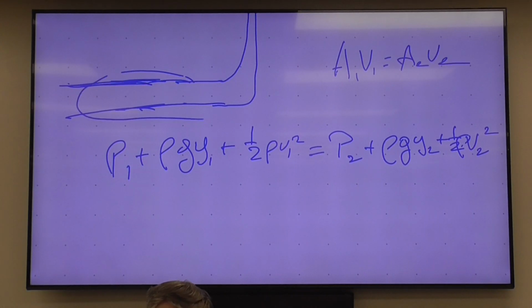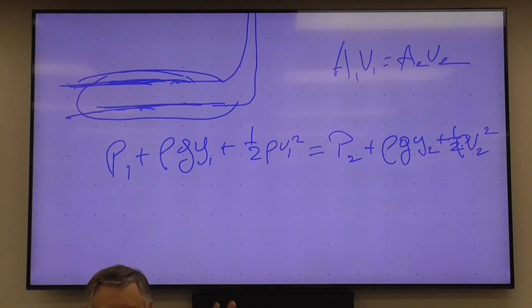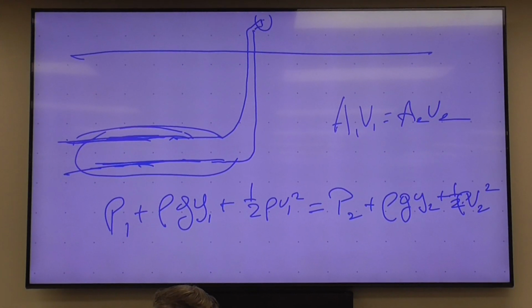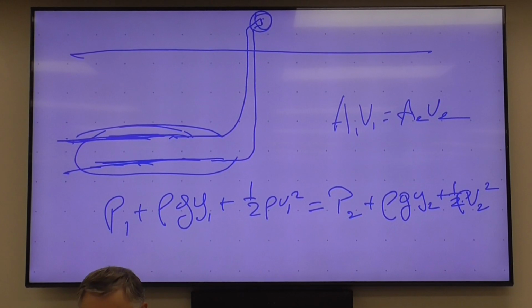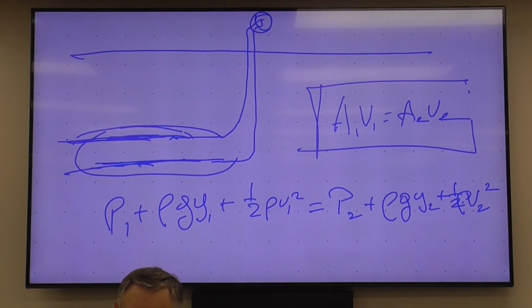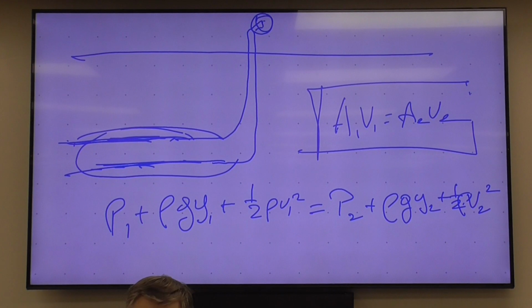Do you think the pipe that supplies the water is a big or a small diameter? Big, okay? So this is going to be like a big pipe that's going to supply the water, and then you're going to have a small cross-sectional area up here. So if you look at A1 V1 equals A2 V2, right?